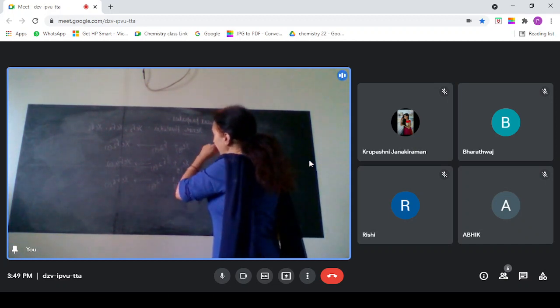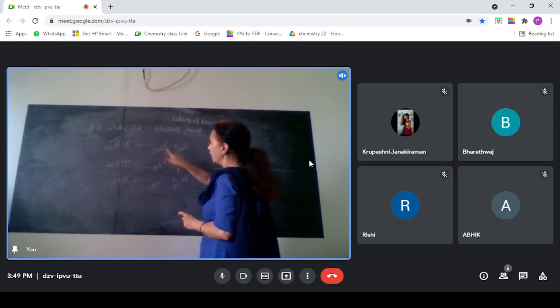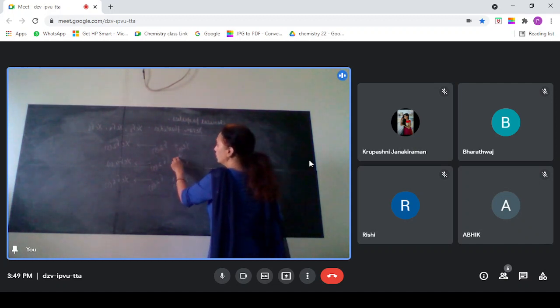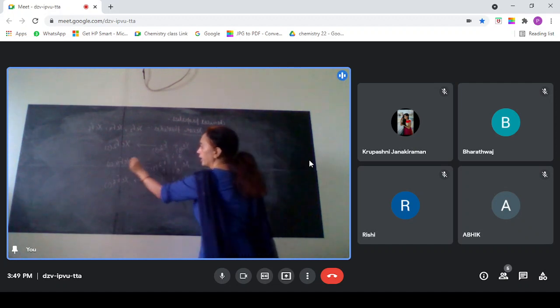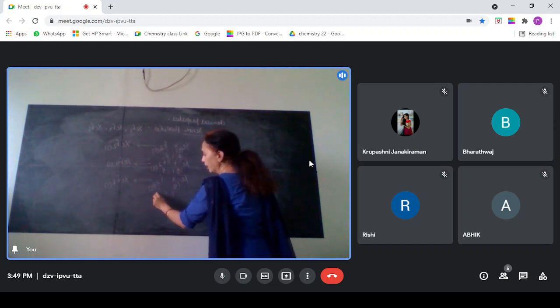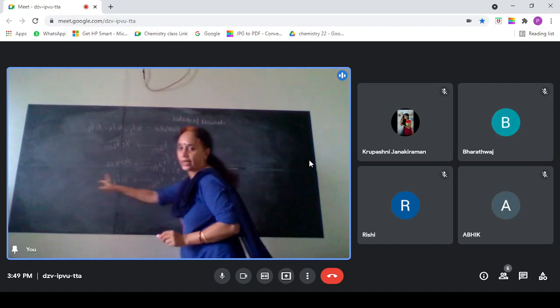Now, how do I remember? Xenon and fluorine in the 2:1 ratio, xenon more and F2 less, you will get XeF2. If you take 1:5 ratio, you get XeF4. If you take 1:20 ratio, you get XeF6.